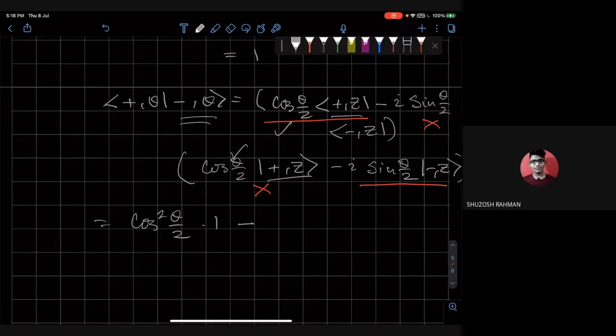I get plus, and then I get a minus sign, right? So I will get a sine squared theta by 2. Now that doesn't look like 0, right?